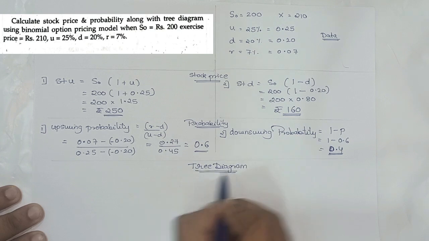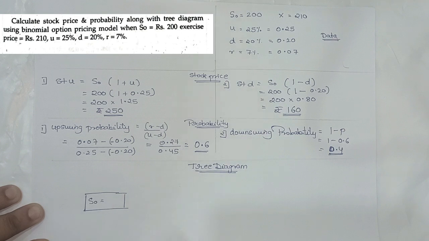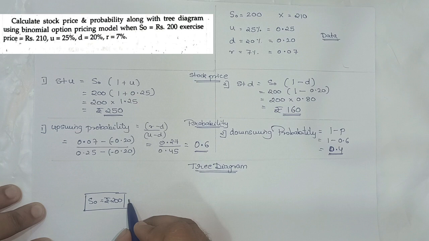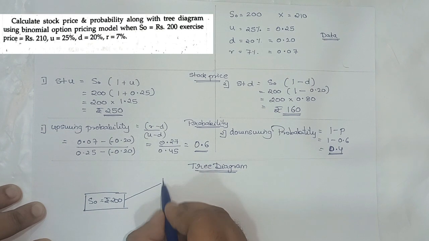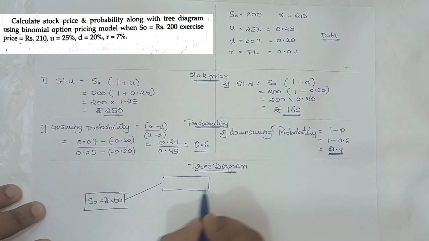The tree diagram is very simple. We will always start with the spot price. The spot price given in the question is at the very start, we can see it is 200. So we note down rupees 200. Now from that one spot price, there are two options available. One is based on upswing and the other one is based on downswing.